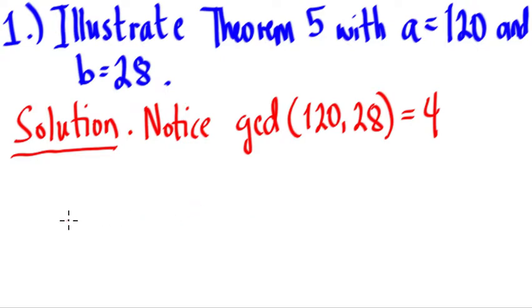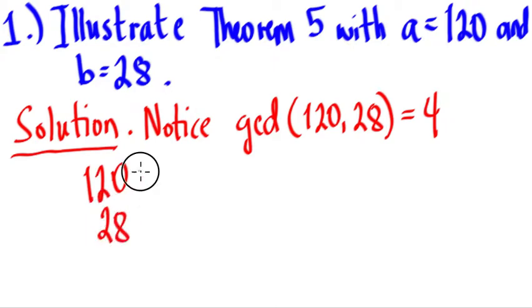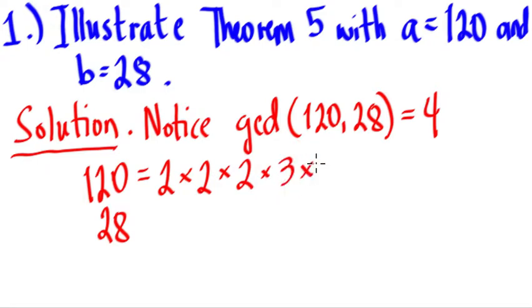If you want the step-by-step solution, let's get the prime factorizations. 120 is 2 times 60, 60 is 2 times 30, 30 is 2 times 15, 15 is 3 times 5. For 28, it is 2 times 14, and 14 is 2 times 7.